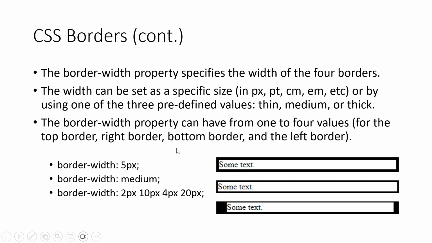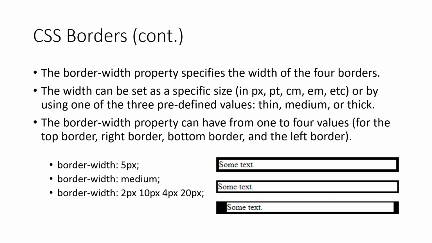One thing is you can use different sizes, in pixels, in points, in centimeters, and so on. The first line says the border width is 5 pixels. The second one, we will say border width is medium, like you can define whether it's thin, medium, or thick. That is another way to talk about this.